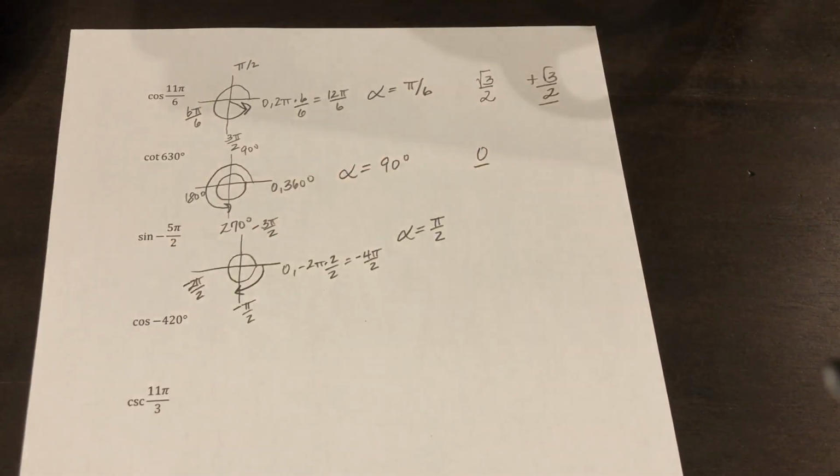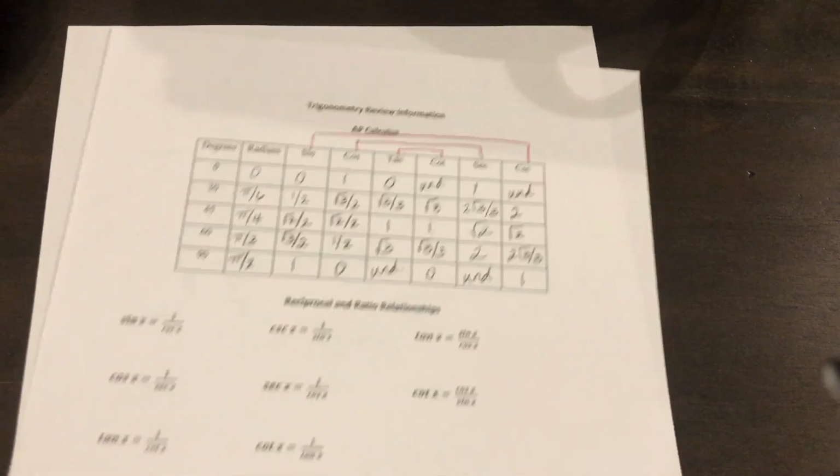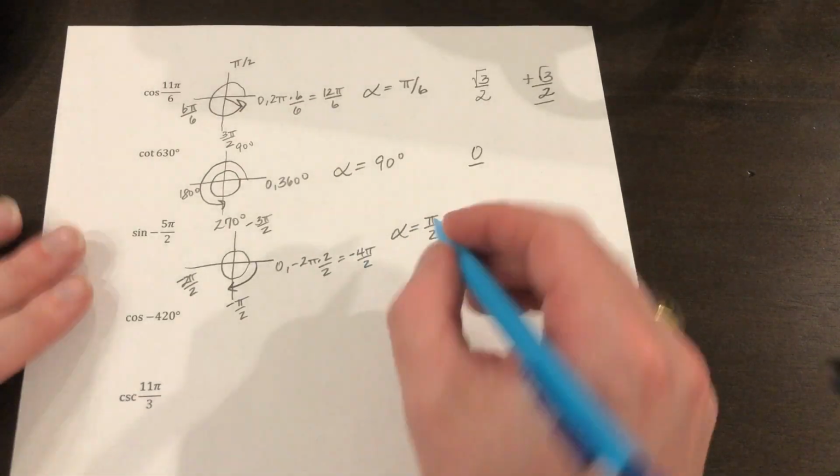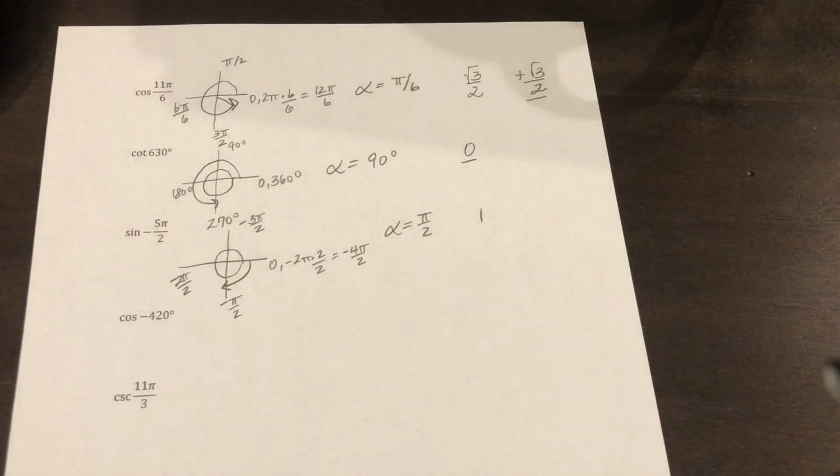We're going to go to our trig chart. Sine of pi over 2 is 1. Now pay attention to this. I'm always going to say this, whether we're in pre-calc, calculus, or physics: sine goes with y, cosine goes with x, okay?